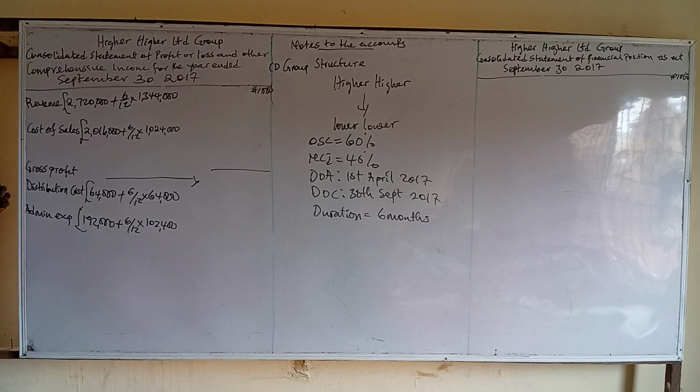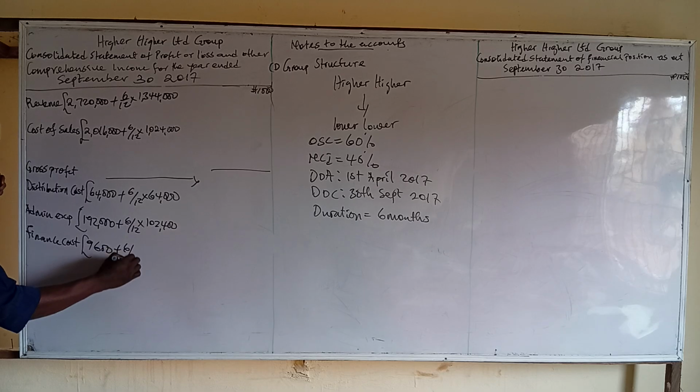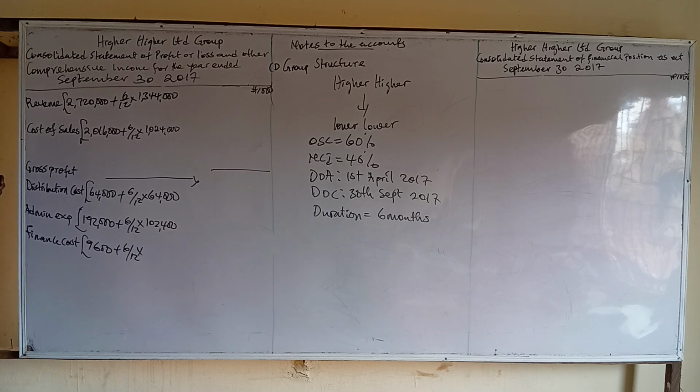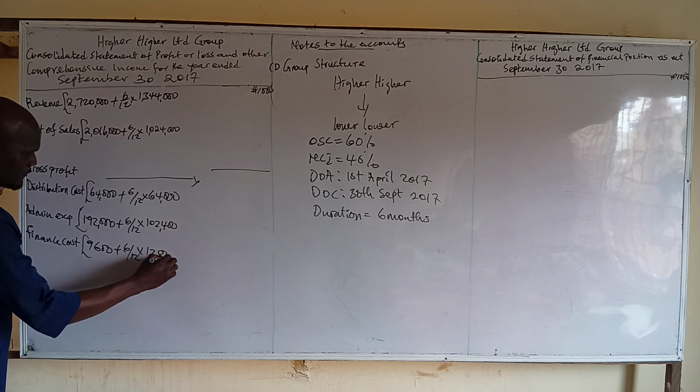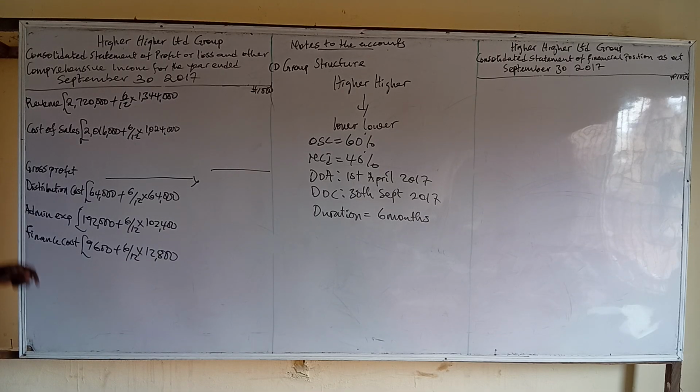Next, finance costs. Open a bracket. What do you have? 9,600 for the parent, then plus 6 months of the subsidiary, 12,800. So what do we have? We have profit before tax.